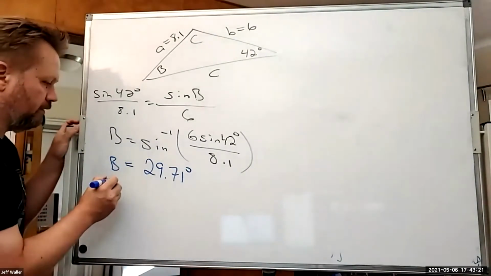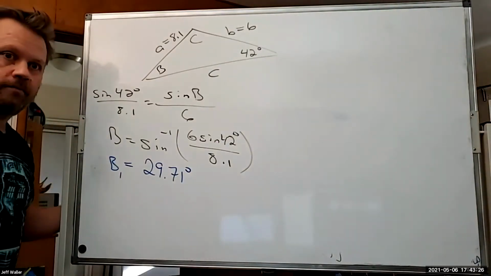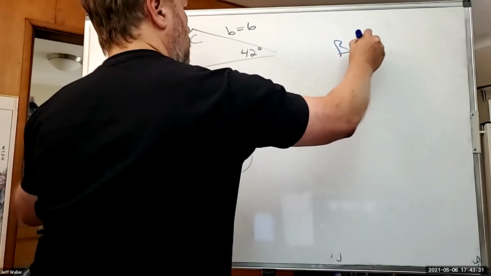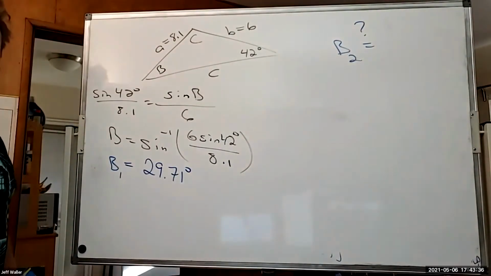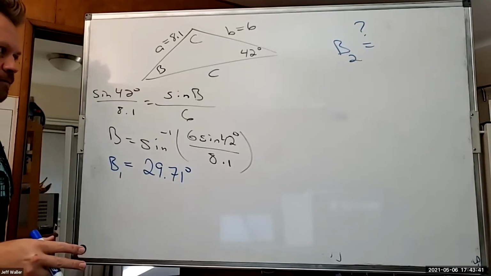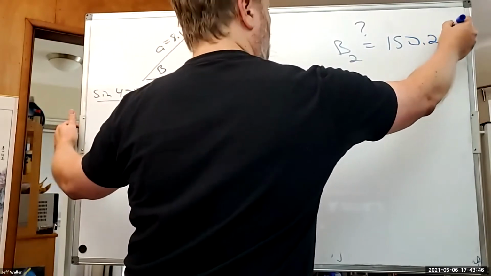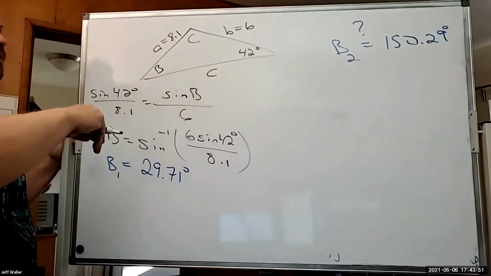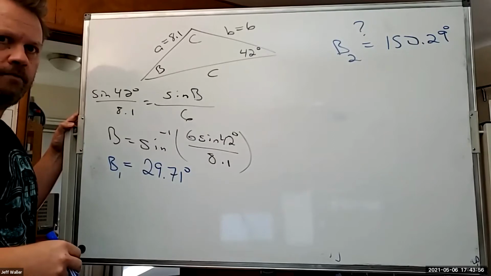And I'm going to put here B1. All right, because what could B2 be? 150.28. Yeah, so B2 could be 150.2829. But that's not possible, right?